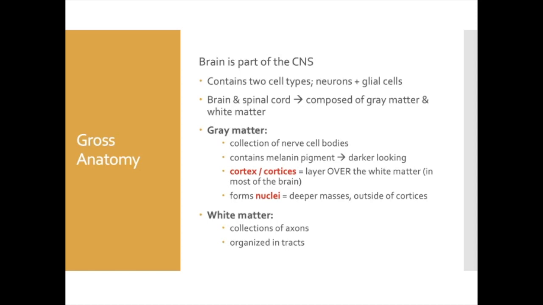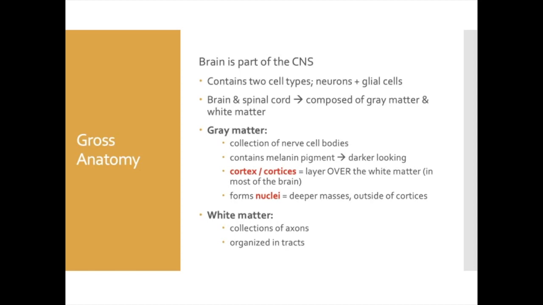I think the problem that I saw on the quiz most often was that people were trying to tell me different parts of the brain and mentioned instead other structures that might have been located in and around the brain, but were not considered parts of the brain.